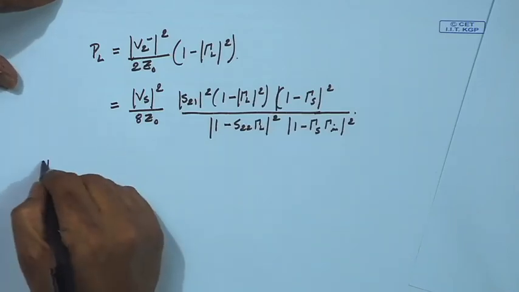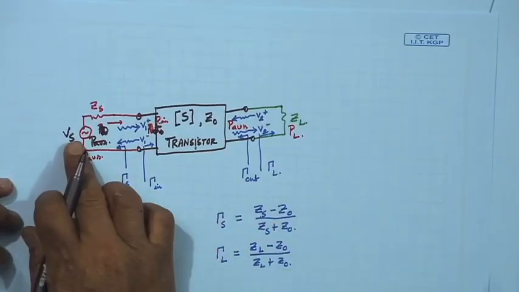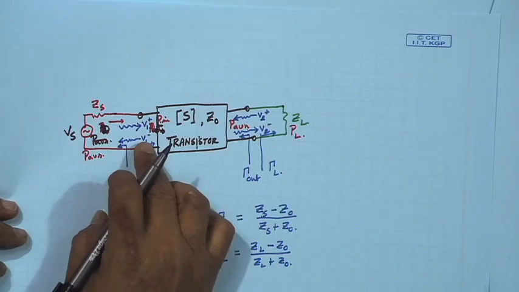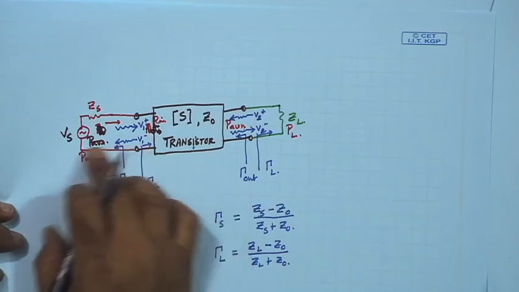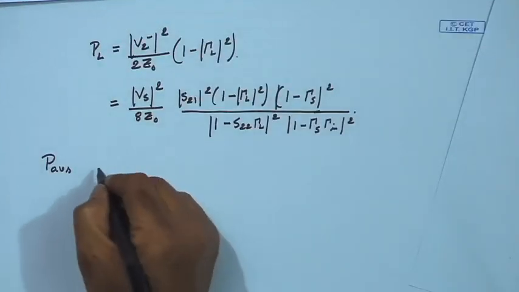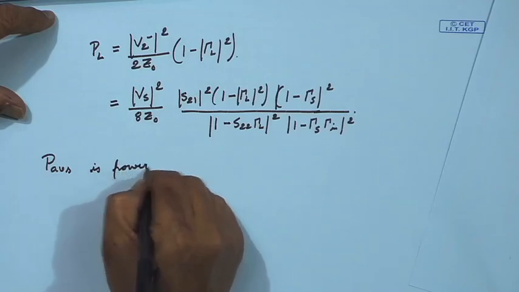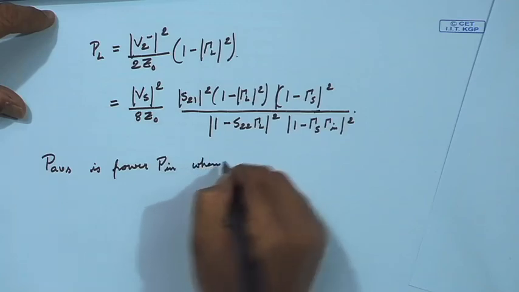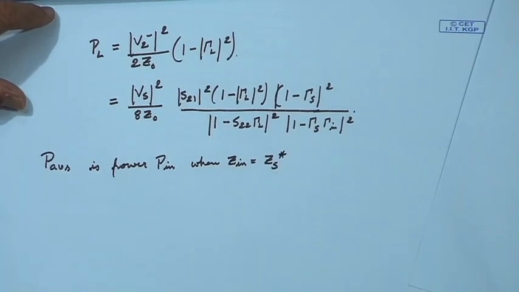Similarly, now let us see the other two available powers. What is P available from the source, P A V s? That is the power that the source can make available, the maximum power when the input side is conjugate matched. That means P A V s is the power P in when Z in is chosen as Z s star.